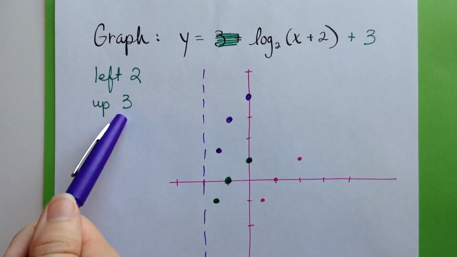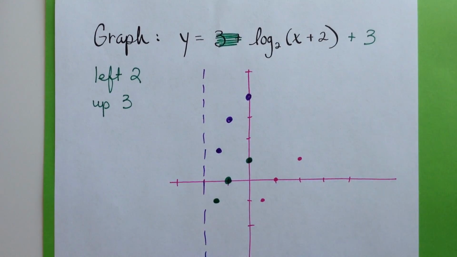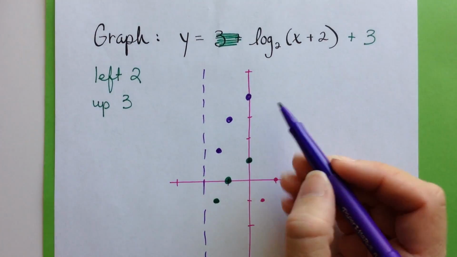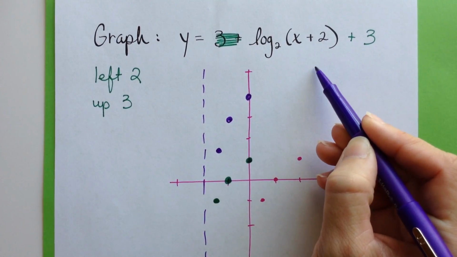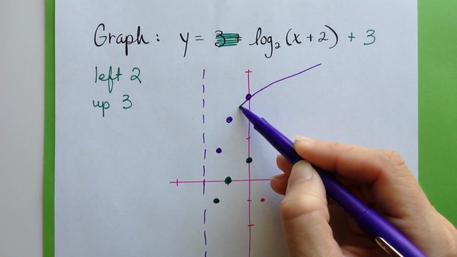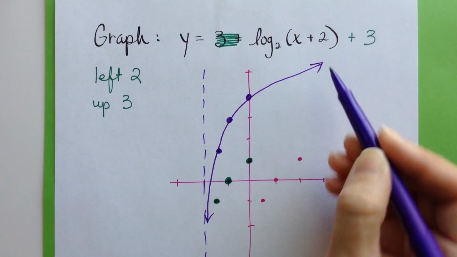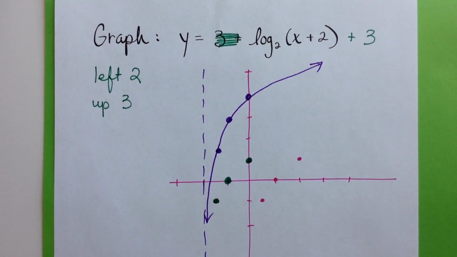But see, going up 3 doesn't cause that to move. It's a line that keeps going up and down forever. You shift it up, it's still going up and down forever. So when I connect these points up, I've got to remember just to bring it down right here along the asymptote, but don't go across it.